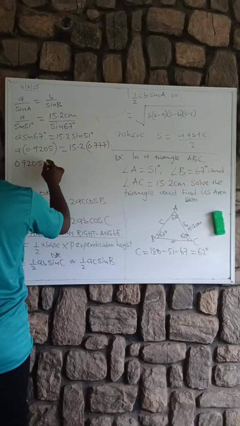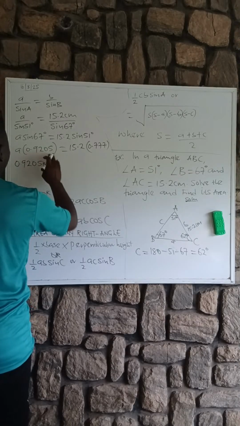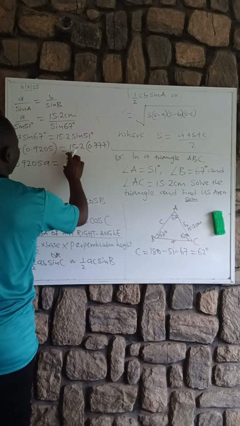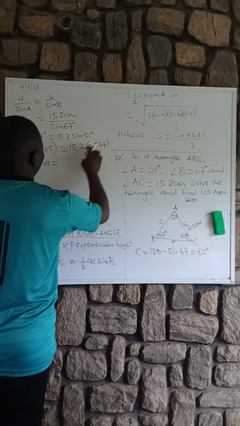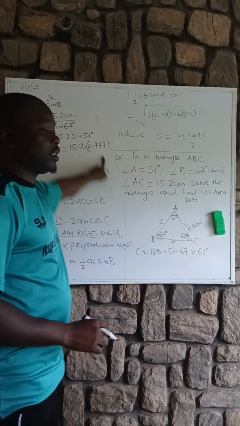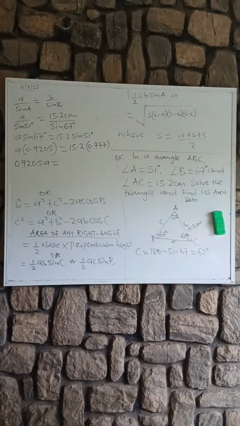Then here will be 0.9205 equals... sorry, A equals, use 15.2 times 0.777. The answer, please, somebody should work it out.